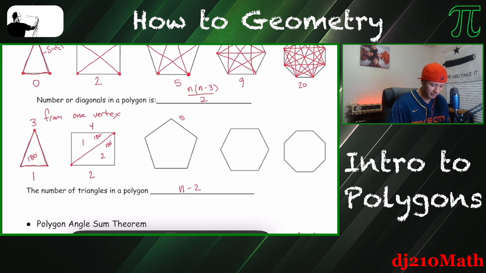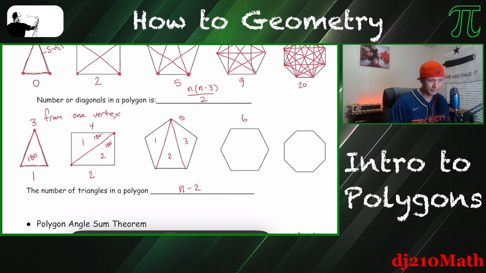In a 5-sided shape, you can make 2 diagonals, and this will make 1, 2, 3 triangles. Again, each triangle is 180 degrees. So 180 times 3, we get 540 degrees total, which will come up in a moment.